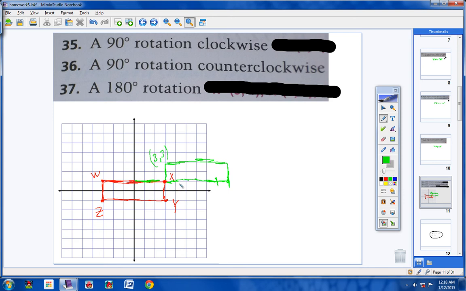For this ordered pair here, it'd be 3, 1. This would be 9, 1. And this would be 9, 3. Okay? Let me check that real quick in the book and make sure it's accurate. 9, 1, 9, 3, 3, 1, 3, 3. Yes, that is correct. Okay?